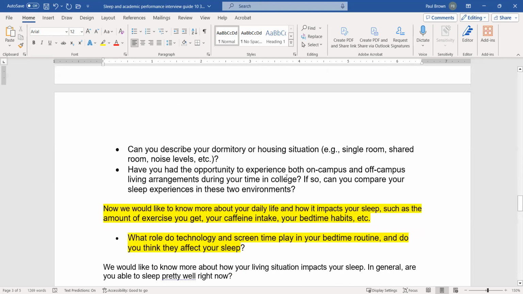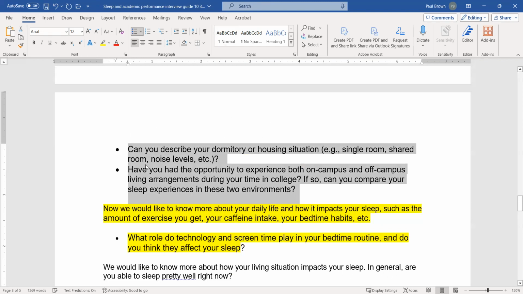So then if you live on campus, can you describe, have you experienced, so you probably don't need these questions here, unless you want to make it more specific about noise, about sleep. Can you describe how your current situation impacts your sleep?